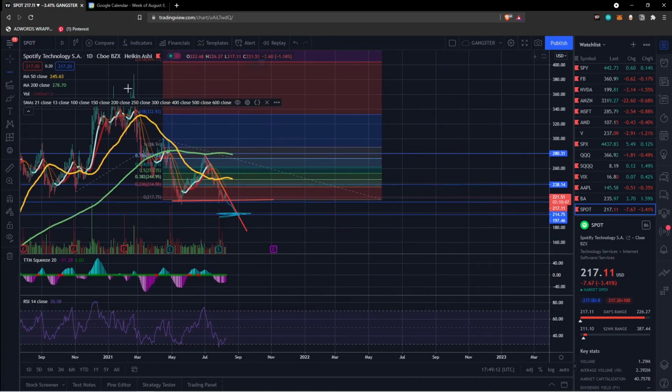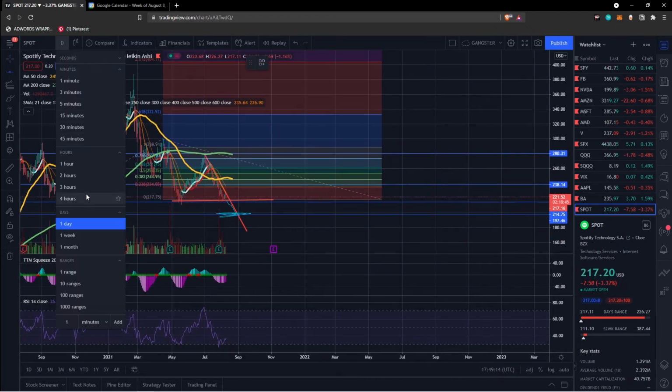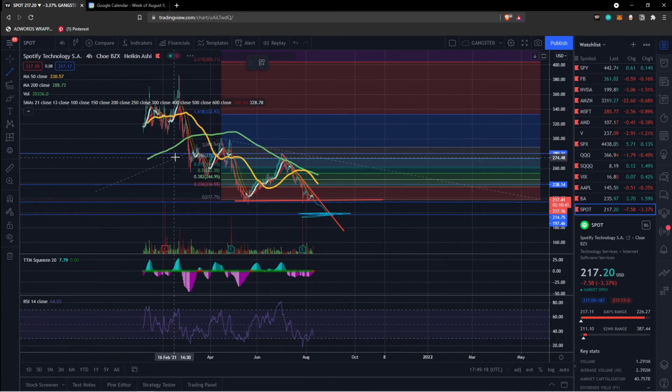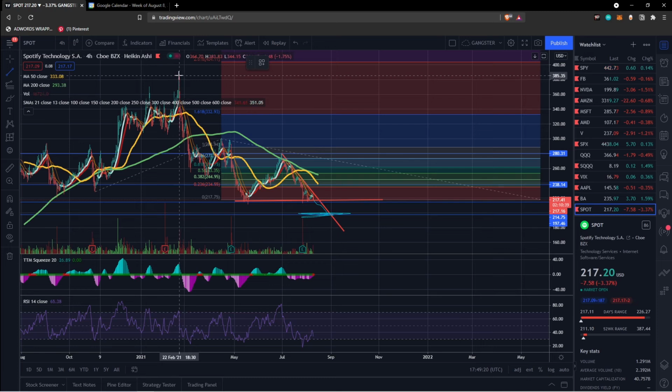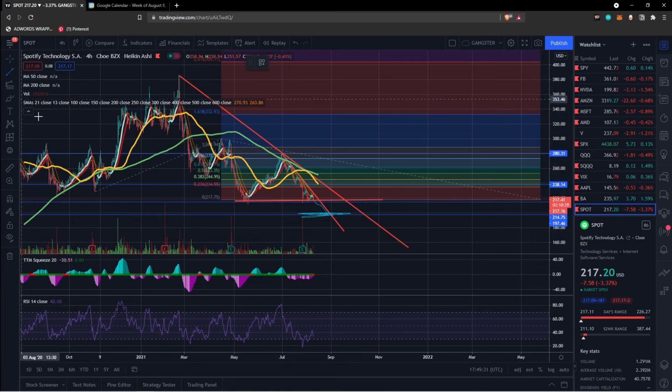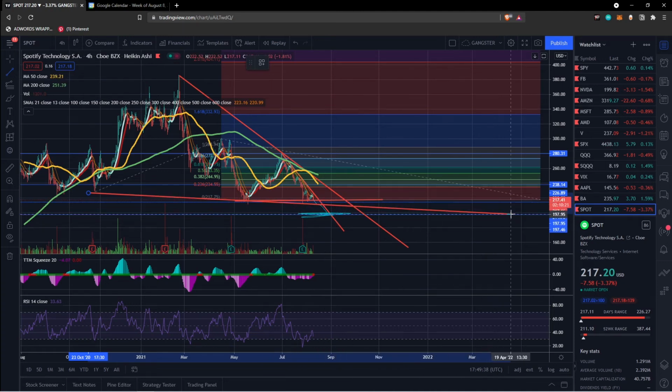If you look at the 4 hours, we can put in a trend line, right, from the very high top of 385. That's crazy. It's really high. So we're just going to put that on that second line. Then this support is really good right now, so I'm going to just add that in.